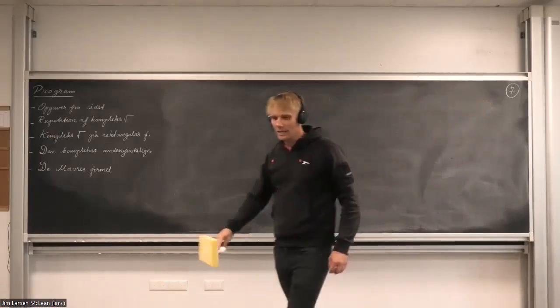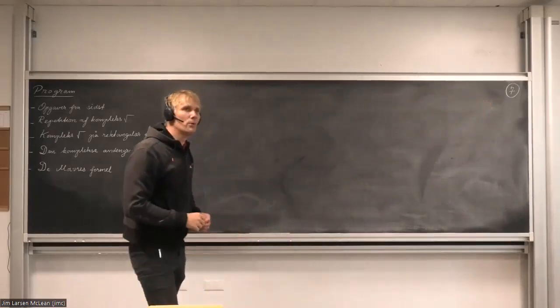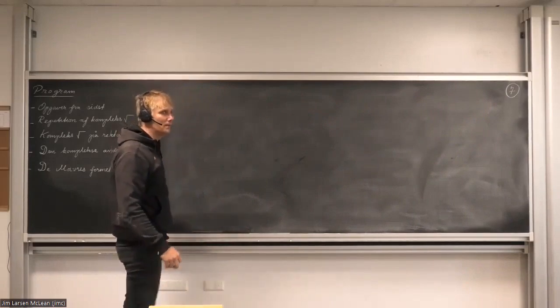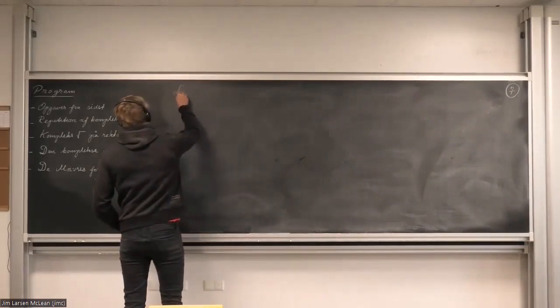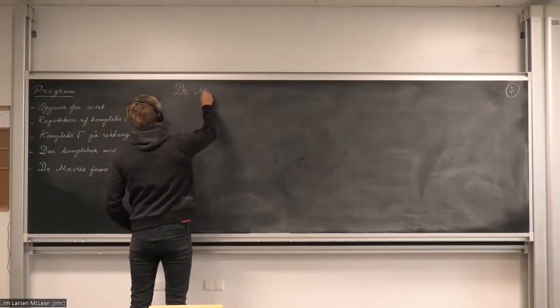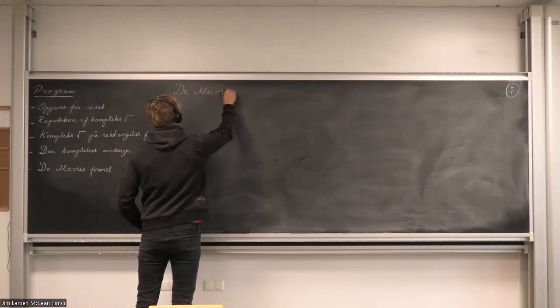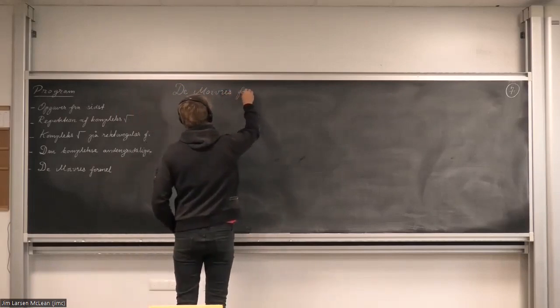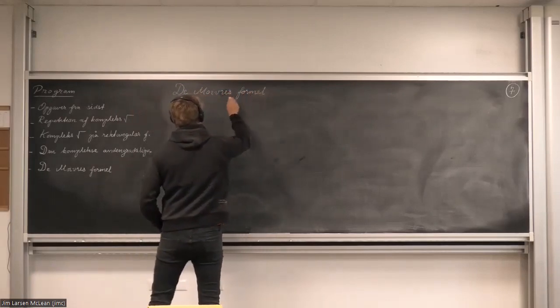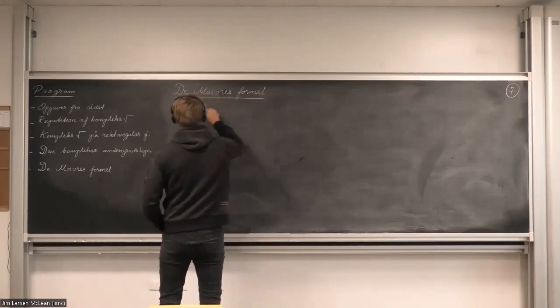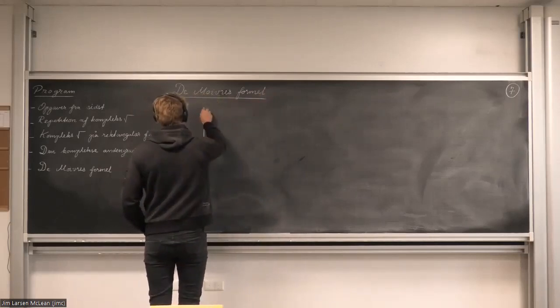We've already seen that a complex number can be represented as a point in the two-dimensional complex plane. And the headline now is Moivre's formula. And how do we get there? Well, we begin again by looking at a complex number that lies in the complex plane.